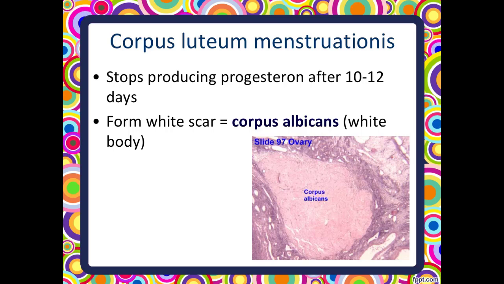Sometimes the degeneration of the corpus luteum will create a fibrous scar called corpus albicans. But usually from these not fertilized cycles, these yellow bodies just degenerate and they do not remain any proper scar.